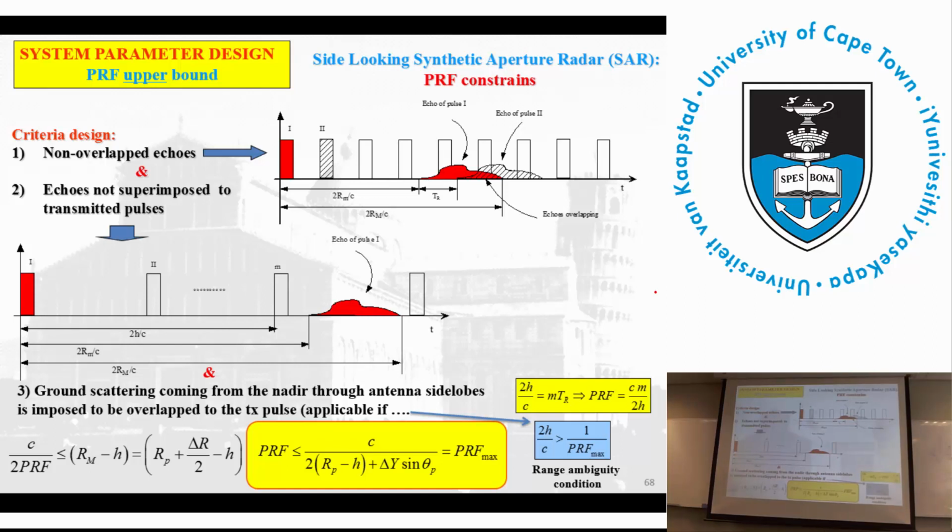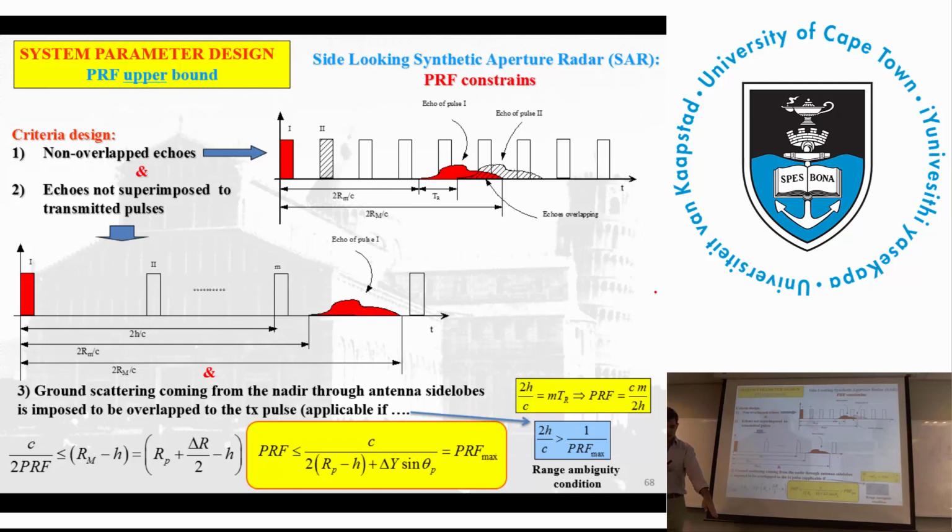There's a third condition that I can apply, if I can. It's not strictly necessary, but it's actually a good condition. When I look down on the ground with my antenna, I look on a slant, with a pointing angle theta, the elevation angle.